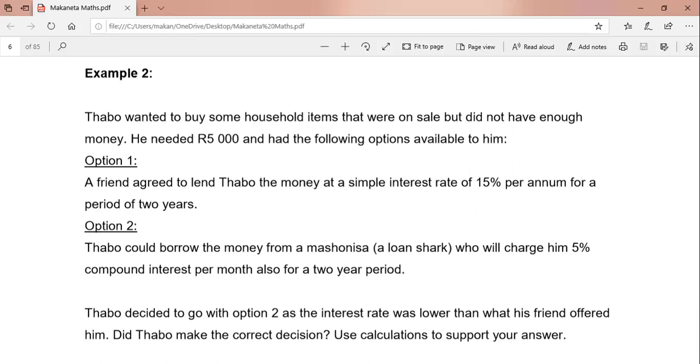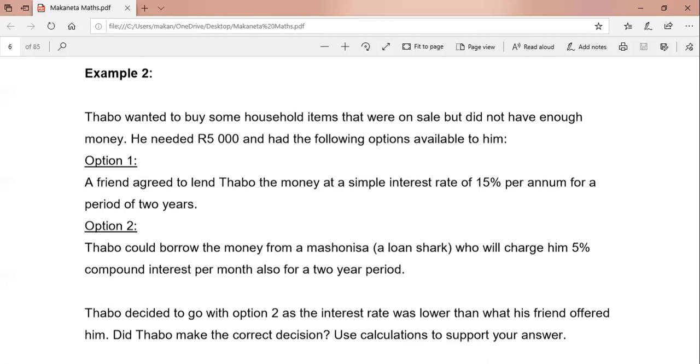Now, what would be the best option? Is 15% per annum too much to pay? When you look at the number of years, it's 2 years here. Remember, this is simple interest. So the question is, is it cheaper to pay 15% simple interest, or is it cheaper to pay 5% compound interest?